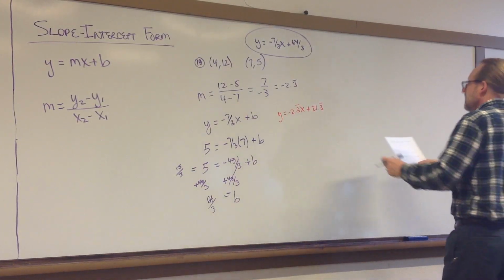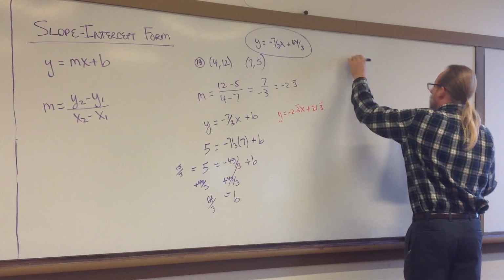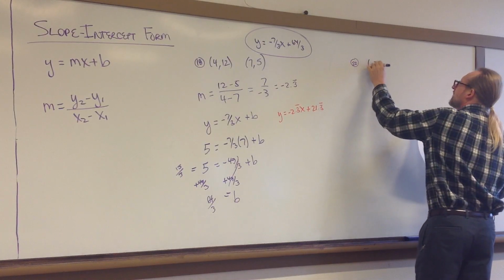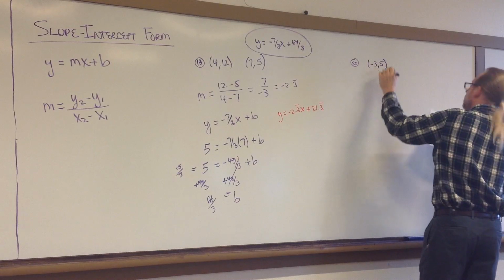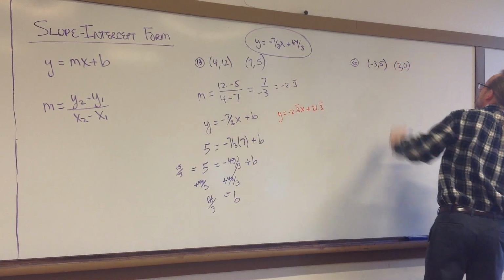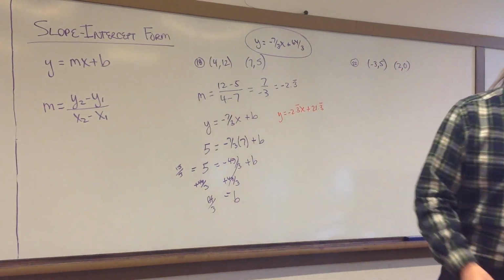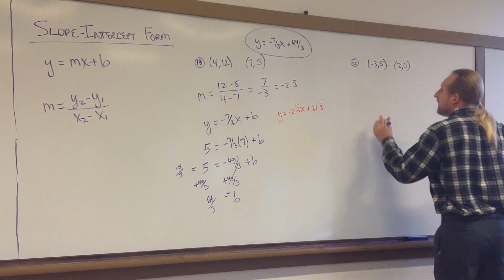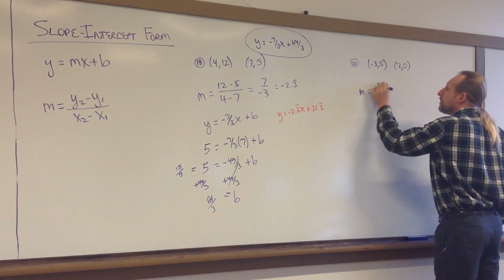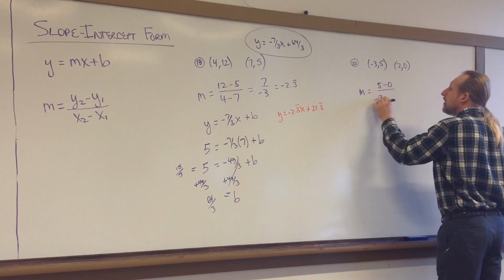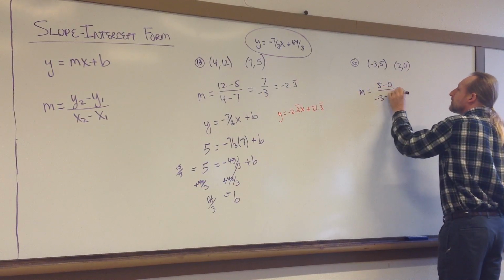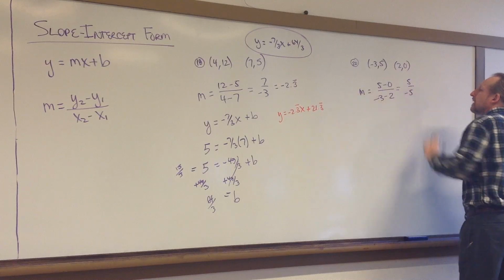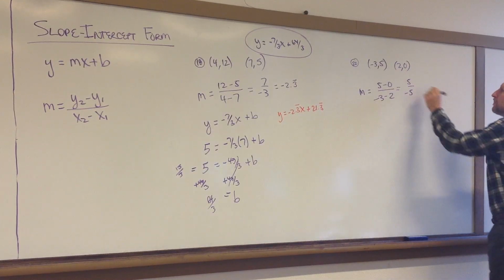Okay, let's see here. Problem 20. We're working with the points negative 3, 5, and 2, 0. Same scenario. We'll find the slope: 5 minus 0 over negative 3 minus 2. So 5 on top, negative 5 on the bottom.